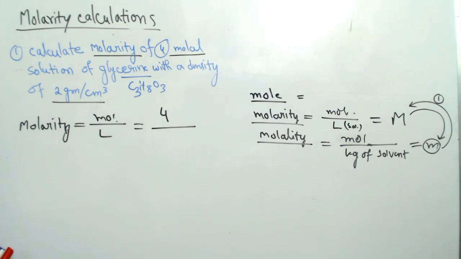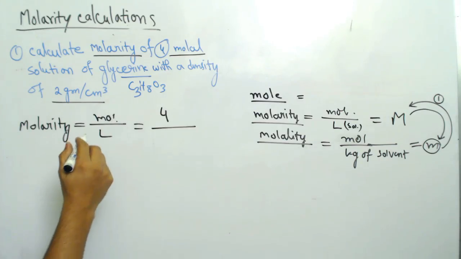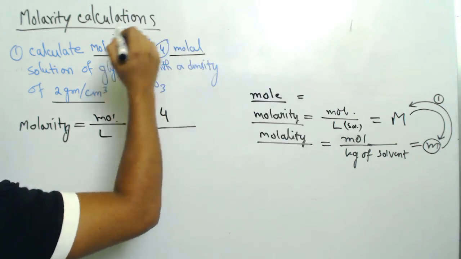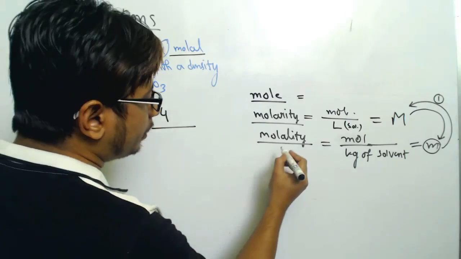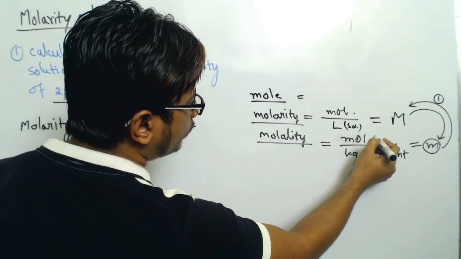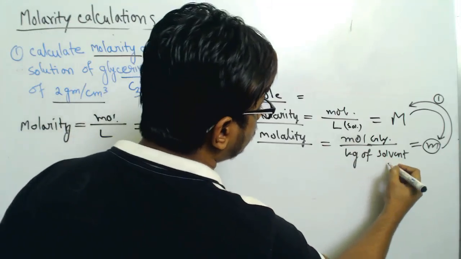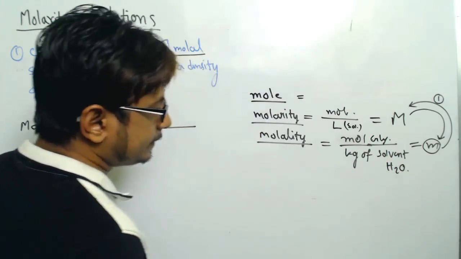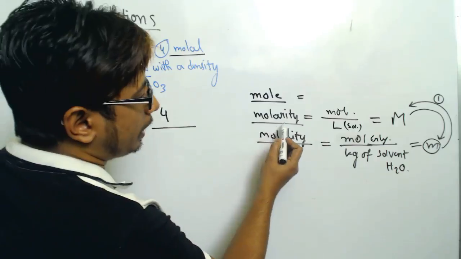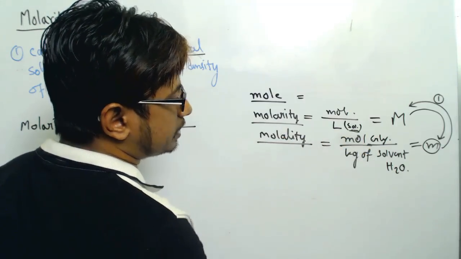Remember one thing: they provided us a 4 molal solution. And molality equals the mole of, in this case, glycerine divided by kilograms of solvent, which is water. But in calculation of molarity, we need the volume of the whole solution.